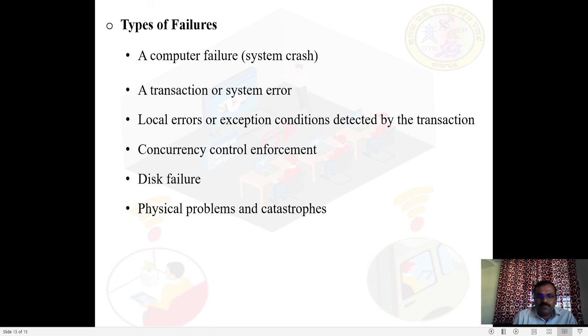Whenever a computer failure, transaction failure, local error, or concurrency control enforcement occurs, the system must keep sufficient information to quickly recover from the failure. Disk failure, physical problems, or other catastrophic problems do not happen frequently. If they do occur, recovery is a major task.